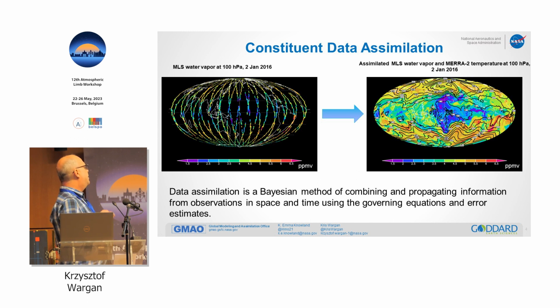And data assimilation is a Bayesian method of combining and propagating observational information in space and time using the fundamental equations. So essentially, the model is used to propagate this information forward. And in the process, it accumulates data from today, yesterday, 3 days ago, and so on, and builds up this gridded picture of a constituent, water vapor in this case.